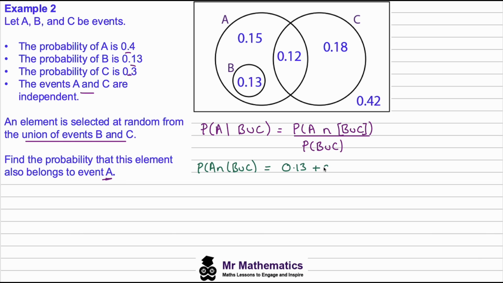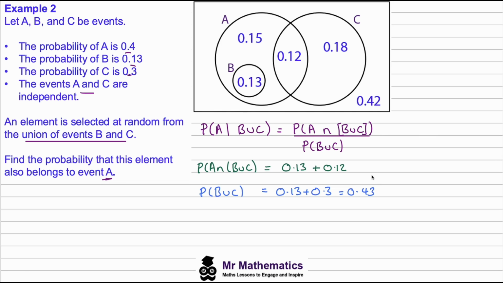And then for our denominator, the probability of B in union with C, this will be B 0.13 or C, which is 0.3. So this will be 0.43.